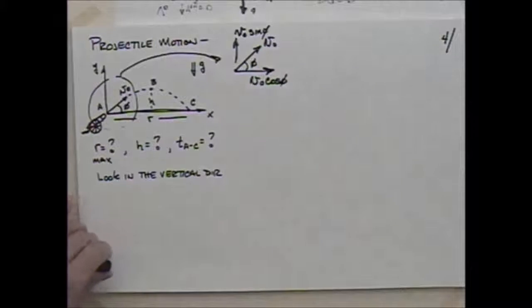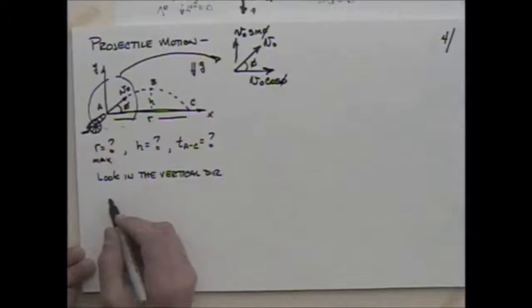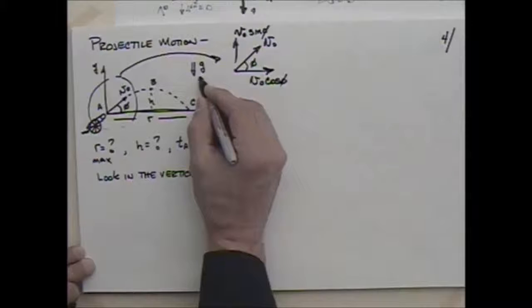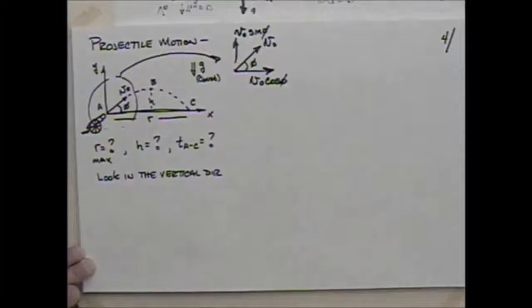You okay with that? So in the vertical direction, I'm going to have V naught sine phi. So we're going to say that g is constant, so we get to use our nice kinematics equations for this.